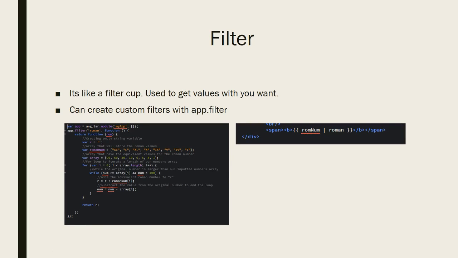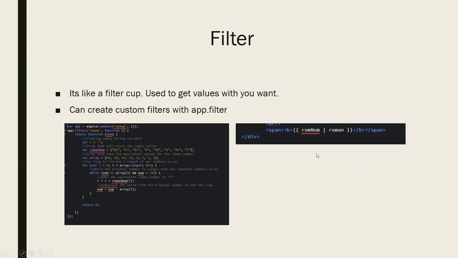Okay, filter. In Angular, they have something called a filter. It's like a filter cup. You can use it to get the values you want, and we can also create custom filters with app.filter. So let me give an example.